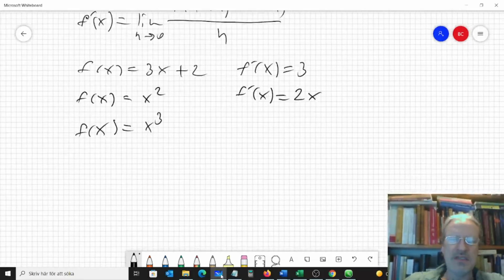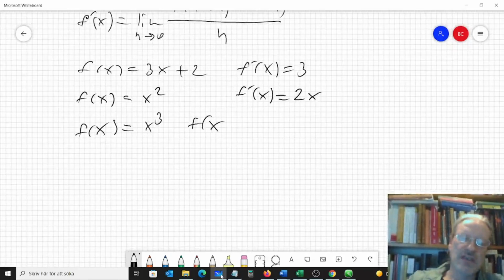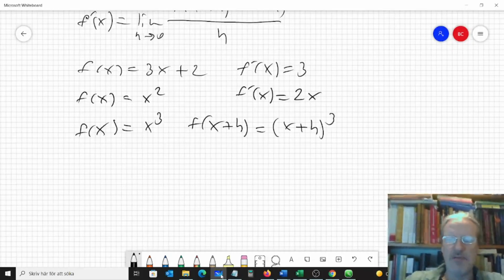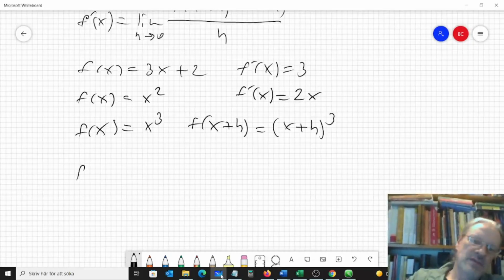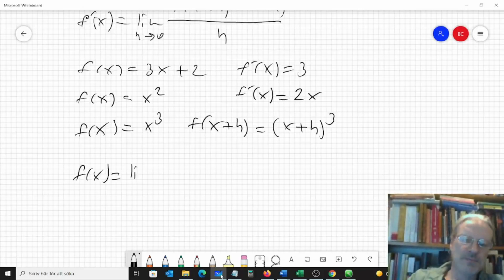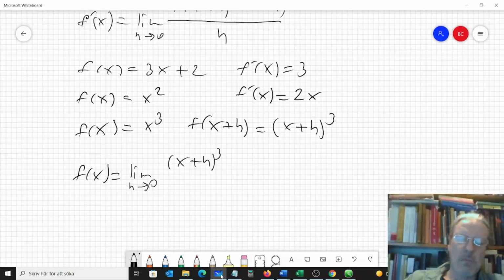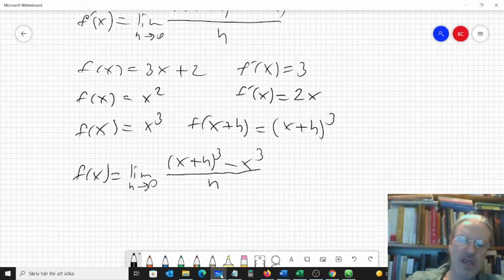So that means that f of x plus h equals x plus h to the power of 3. And that means that our derivative should be the limit as h goes to 0 of x plus h cubed minus x to the power of 3 over h.